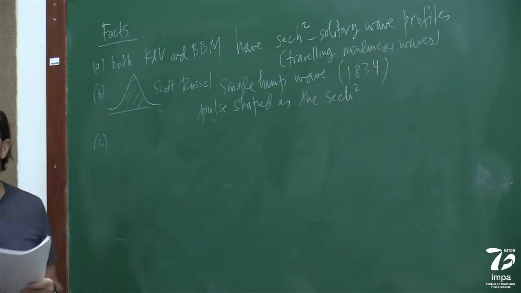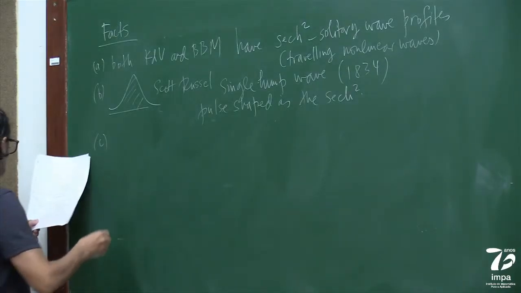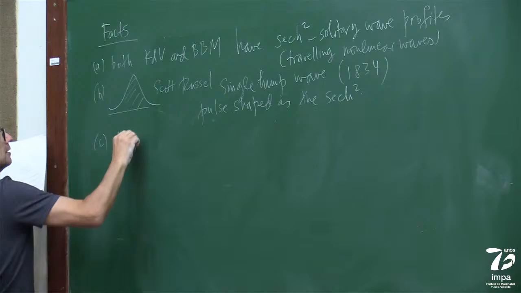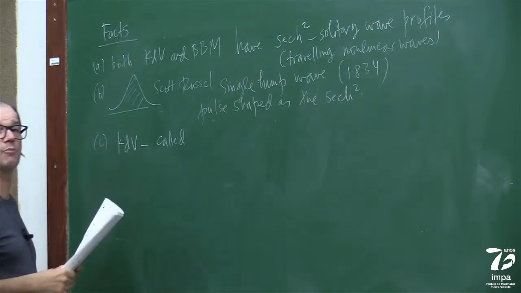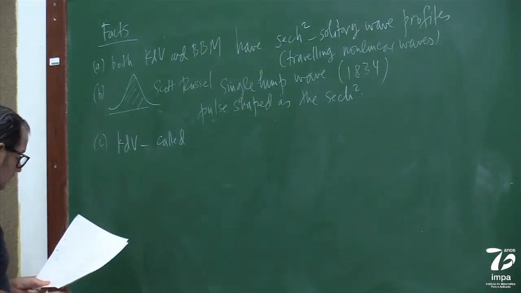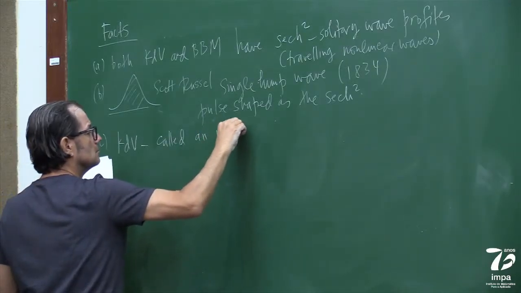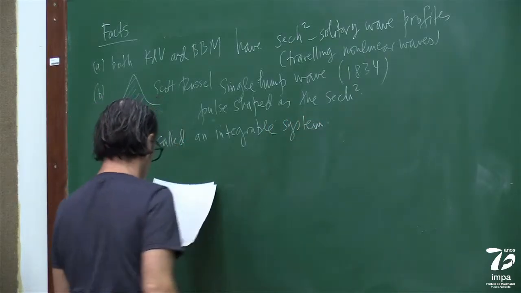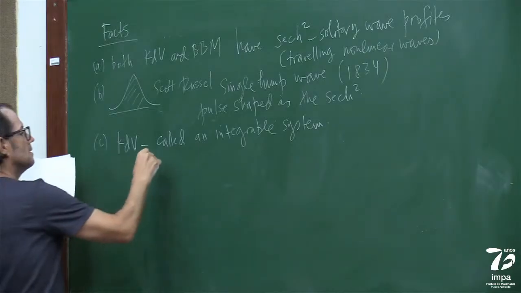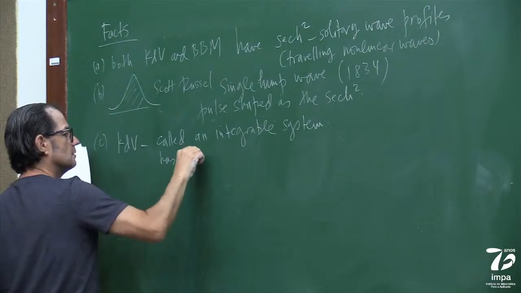C. Now comes then more difficult things to check, but I'm passing it to you as information, right? We're not going to check this in the course. But the KdV is also called, and it was very important for this, mathematically speaking, right? Called an integrable system. Okay, and basically that has to do with the fact that it has infinitely many conserved quantities.